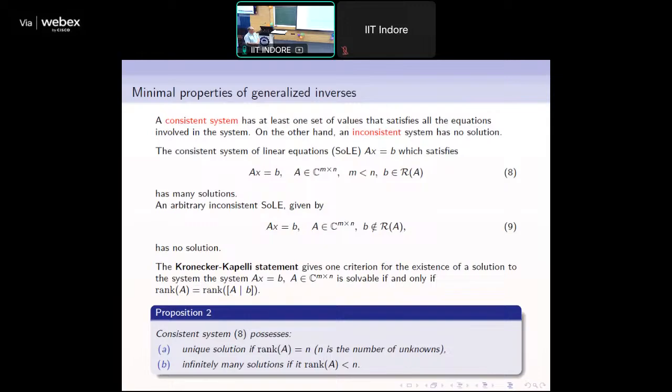Of course, if the number of linearly independent rows in A is smaller than the number of variables, we cannot solve the system. We have fewer linearly independent equations than the number of variables. And of course, such a system is not solvable.